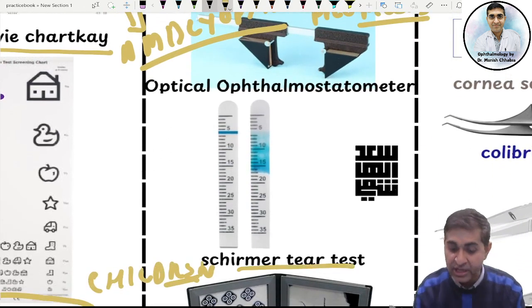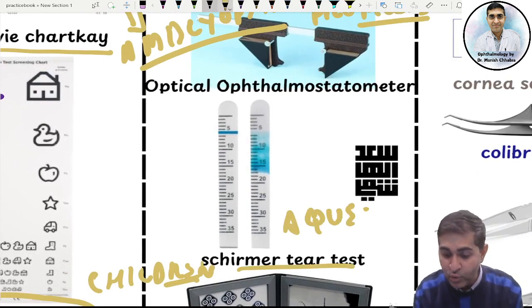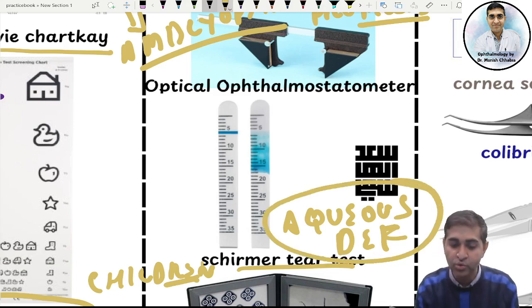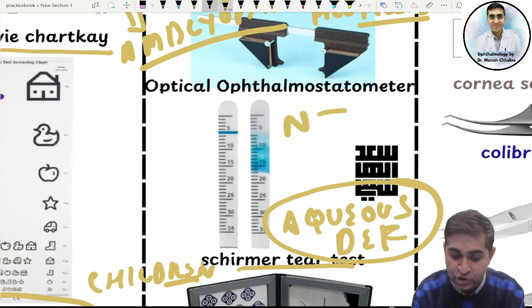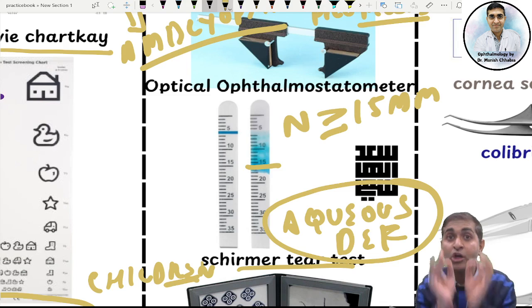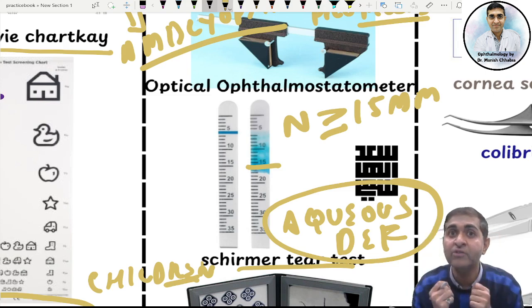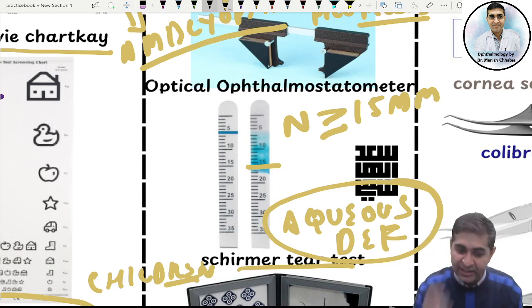Schirmer tear test. Schirmer test is where you check for the aqueous deficiency. More commonly it is used for the aqueous component of the tear film, your previous year question. Normal wetting should be more than or equal to 15 mm. So this is Whatman number 41 blotting paper, which is placed at the junction of medial 2/3 and lateral 1/3 of the lower eyelid, and there is wetting. This is a dye.